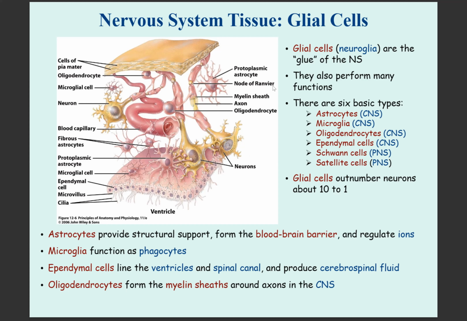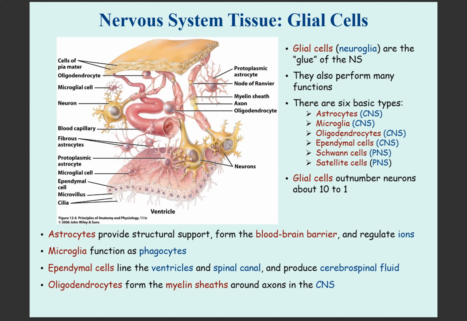The microglia are usually defensive in action, and they perform that defense by phagocytic activities. And then oligodendrocytes perform the same function as the Schwann cells in the PNS, by forming myelin sheaths around the axons.